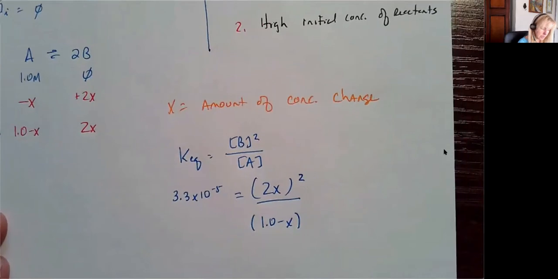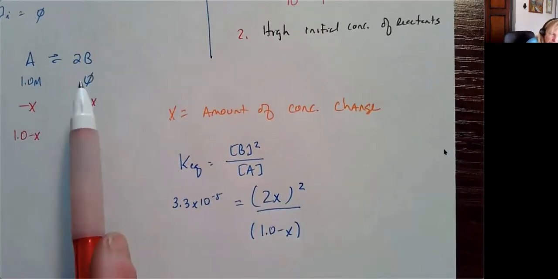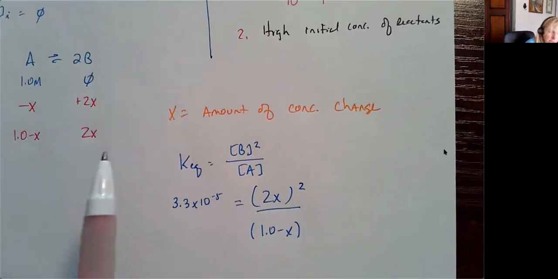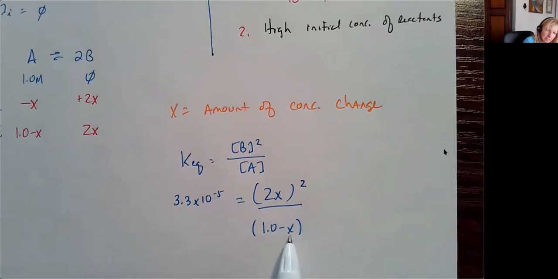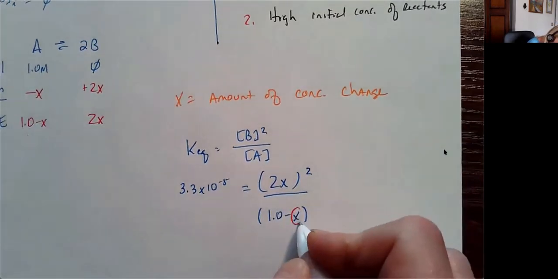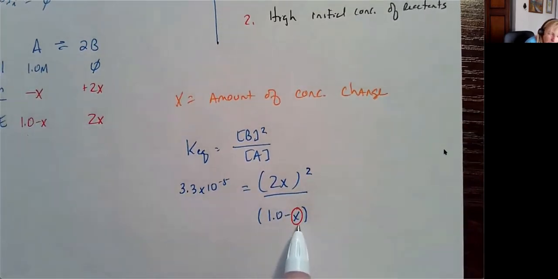So my X is small approximation: if I start with 0 concentration of B, B is going to go up. I'm going to have a concentration of B. So I can't do anything with this x. But my X is small approximation is saying that x is going to be so small that when I subtract it from 1 molar, it's essentially still going to be 1 molar.